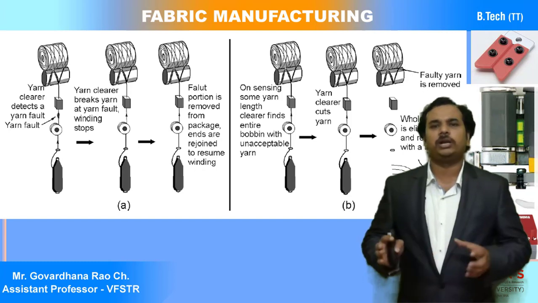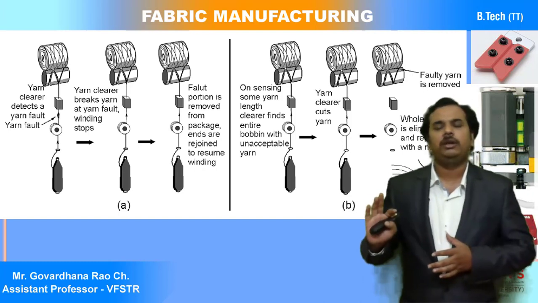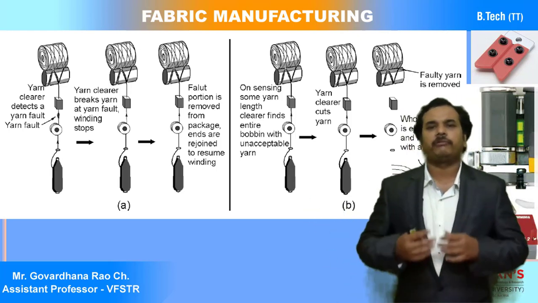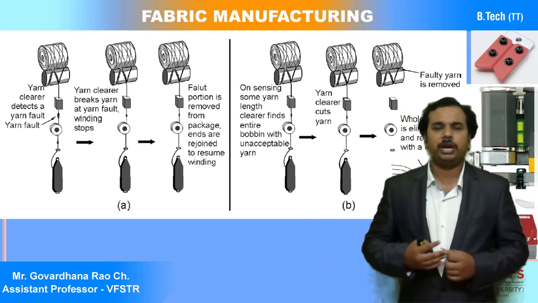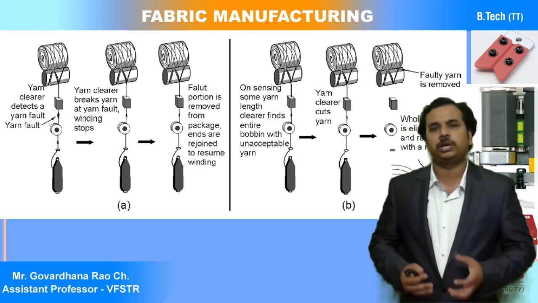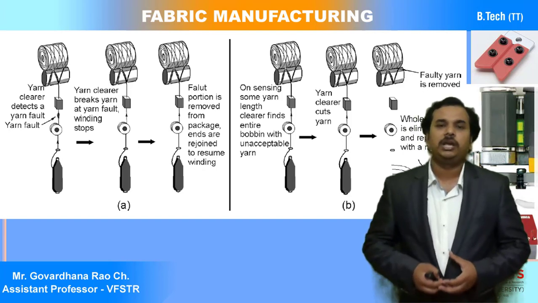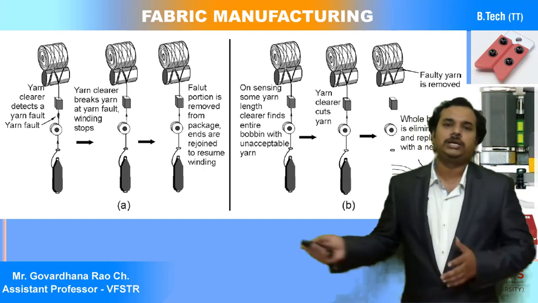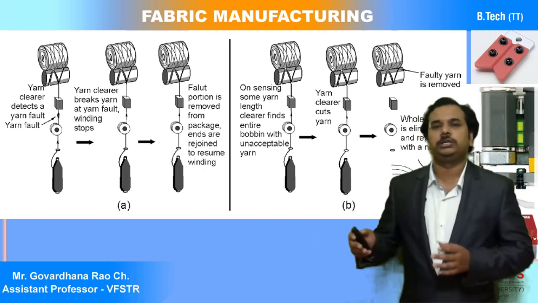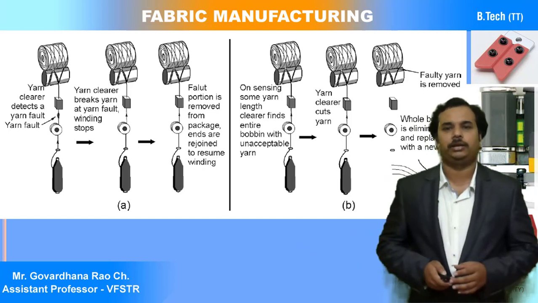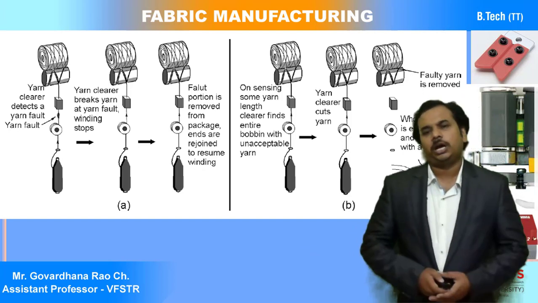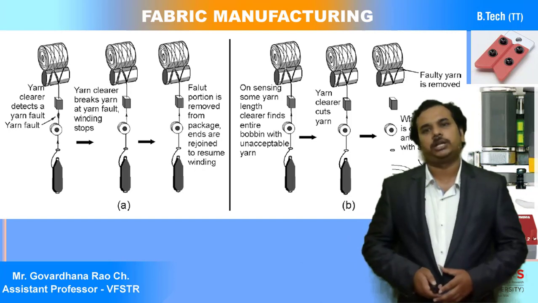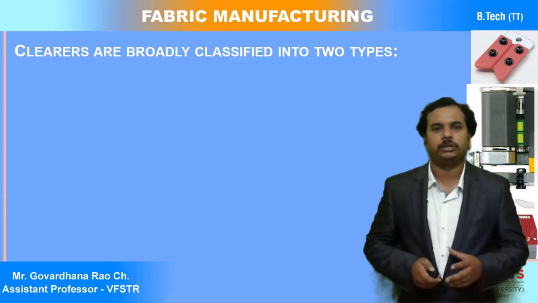After removal, the package goes to the dustbin. Then the supervisor or worker evaluates the package. If the package is not acceptable, it goes to the seconds where the yarn quality is not required anyhow. So this is a simple process of the removal of yarn faults in the winding machine.